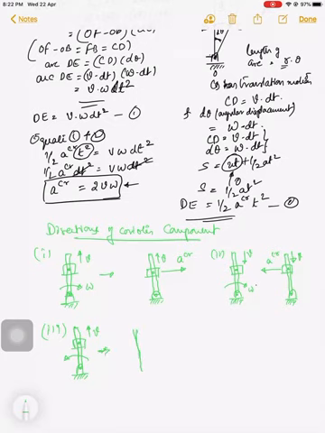So the direction of the Coriolis component for this will be in this direction, that is perpendicular to v obviously, but in this direction. So vice versa.